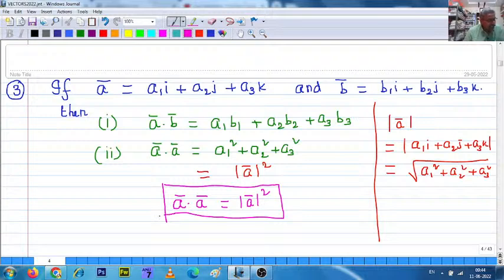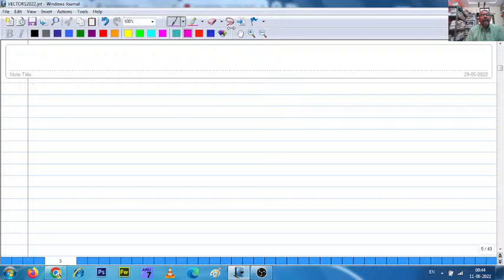So next, let us move to yet another result that we need to discuss. Already we had a discussion on how to find the angle between any two vectors. Are you there, all of you?